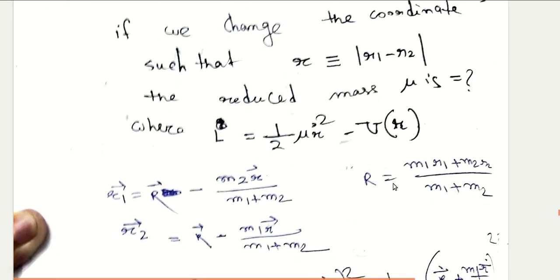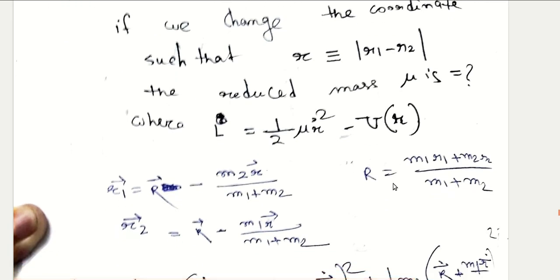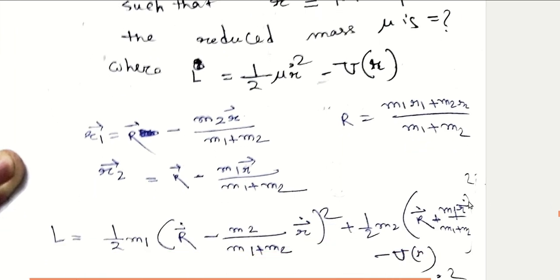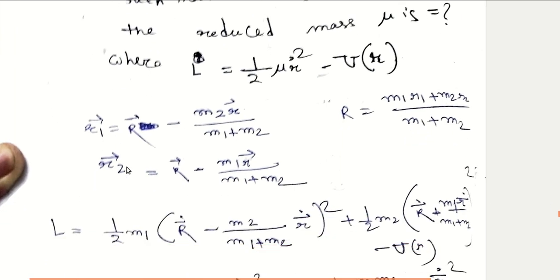Now what you need to do is find the center of mass coordinate, which is R equal to m1 r1 plus m2 r2 by m1 plus m2, and write r1 and r2 in terms of the center of mass coordinate: capital R minus m2 r by m1 plus m2, and capital R plus m1 r by m1 plus m2.